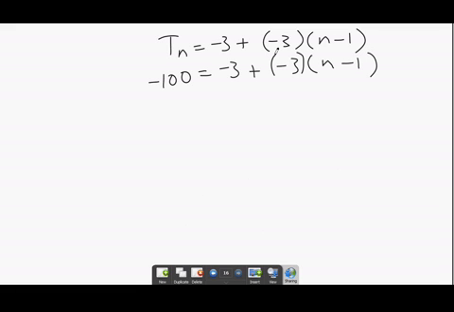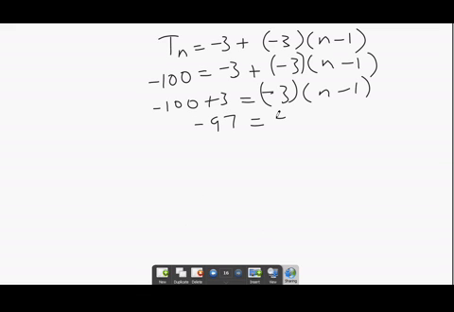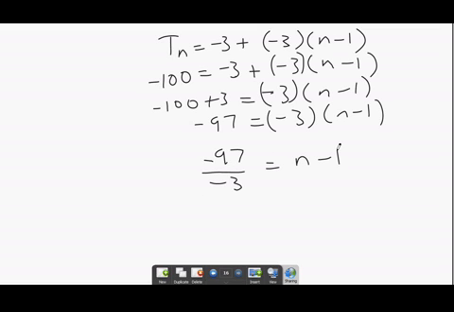Now this minus 3 will come here to be minus 100 plus 3 is equal to minus 3 in bracket n minus 1. Now this would mean that minus 97 is equal to minus 3 in bracket n minus 1. And then negative 97 divided by negative 3 is going to be n minus 1.